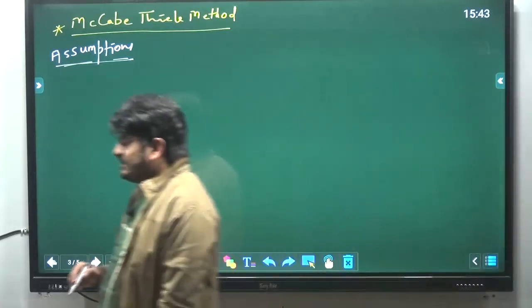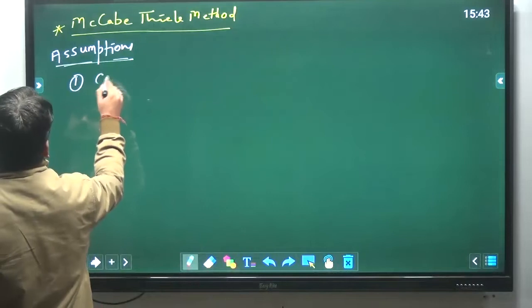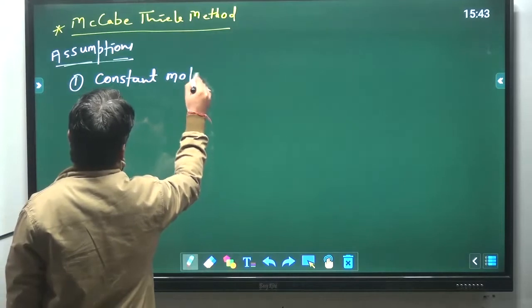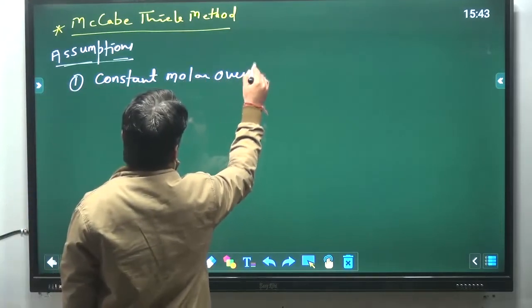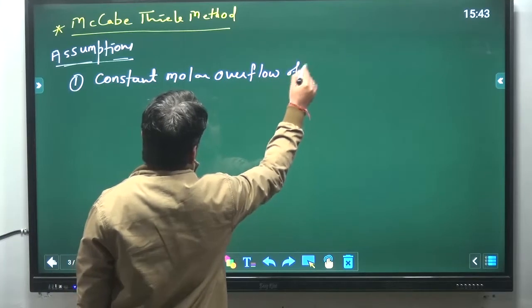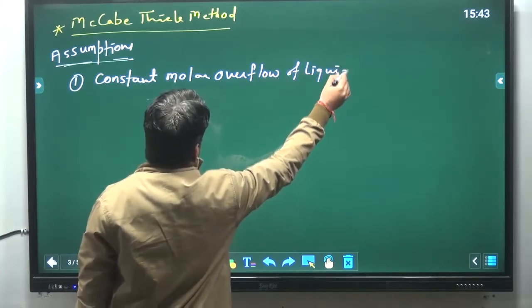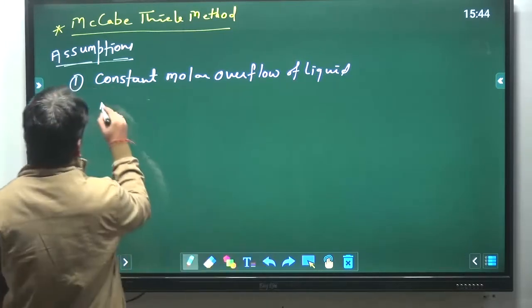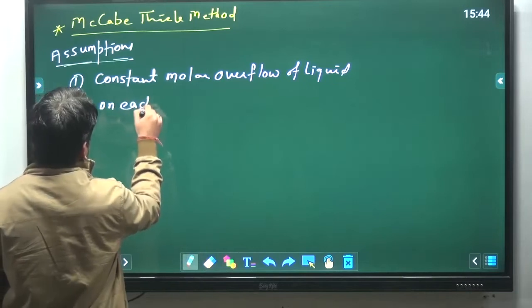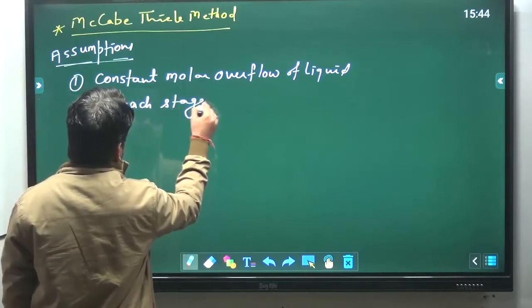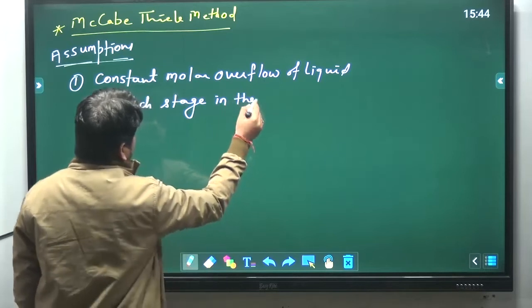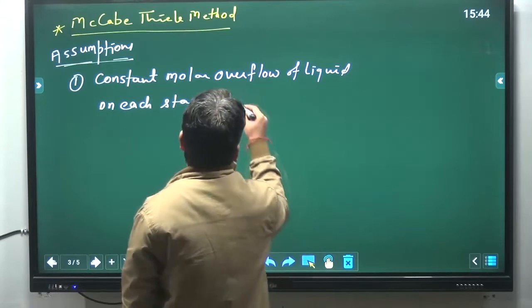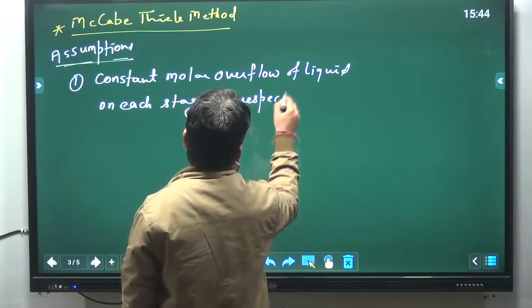The first assumption is constant molar overflow of liquid on each stage in the respective section.